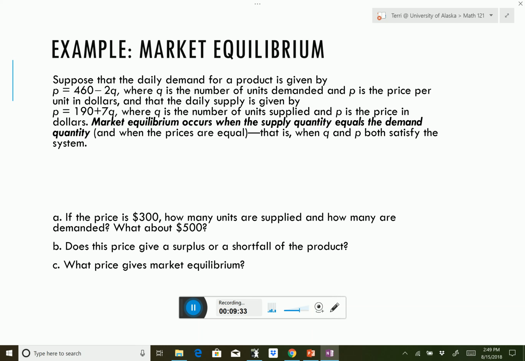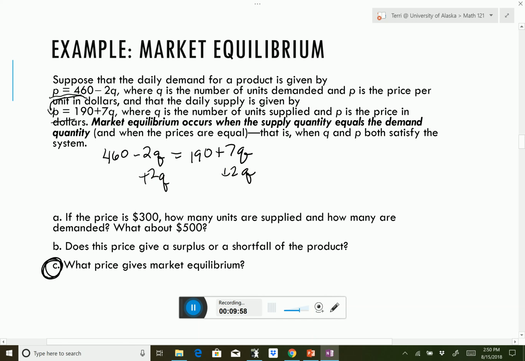Now we have these both in terms of P equals, so I can just take one of these and substitute it into here. It'd be 460 minus 2Q equals 190 plus 7Q. We're actually doing part C right now. So let's see what we have here. I'm going to make this positive just because I like positive numbers.